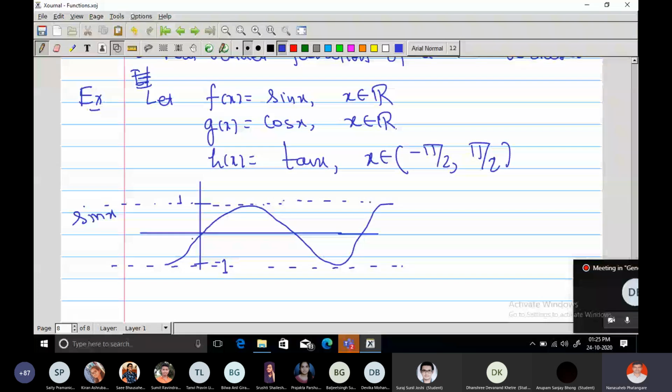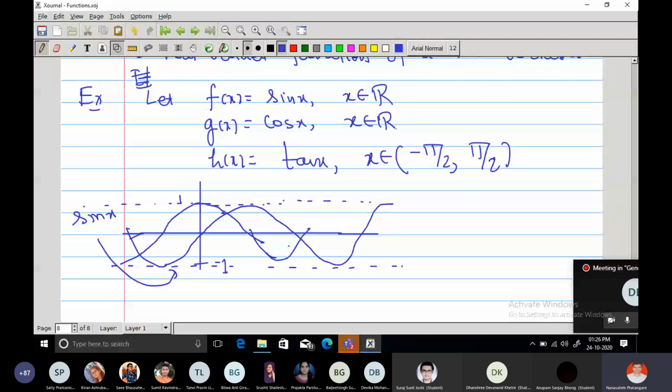Now what is the graph of cos x? The graph of cos x is like this.